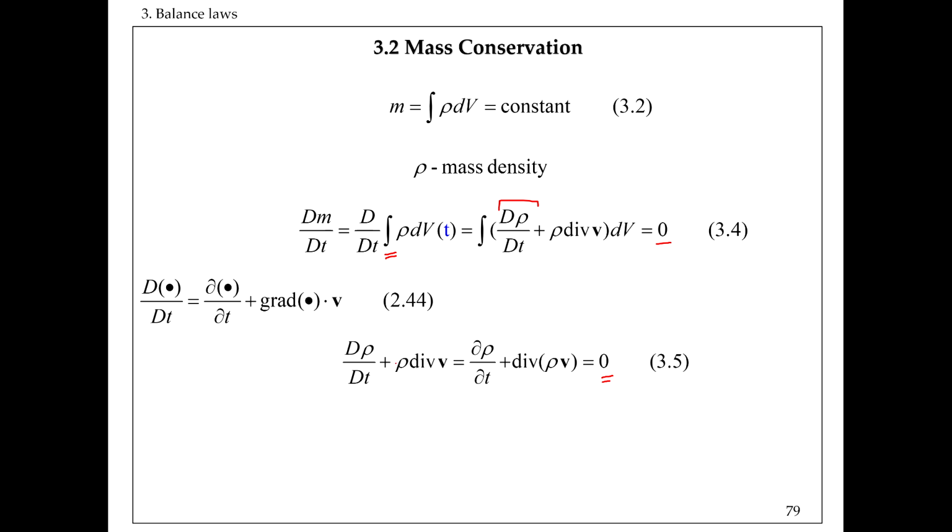So basically this is the local form, written exactly here, and then we use a few manipulations to write it explicitly, to expand our material time derivative d rho dt into the spatial part and the convection part, that grad v, and then combined with rho div v. So that would be our form for that.